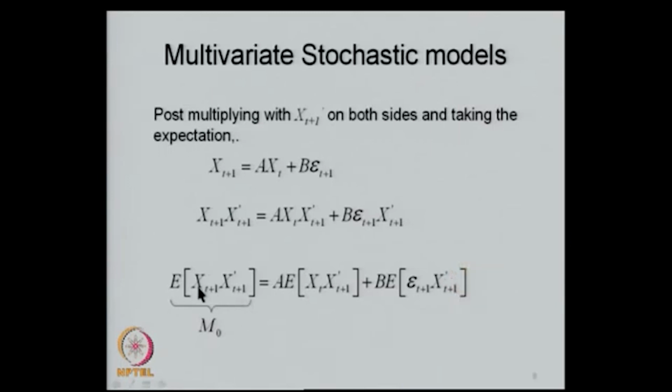What is this now? We defined M naught to be the expected value of x t x t prime, and therefore it is the same time step. Therefore I will be able to write this as M naught, which is the expected value of x t plus 1 x t plus 1 prime. Then we have the expected value of x t x t plus 1 prime, and we have another expected value of epsilon t plus 1 and x t plus 1 prime.